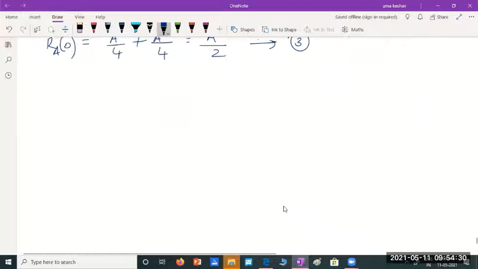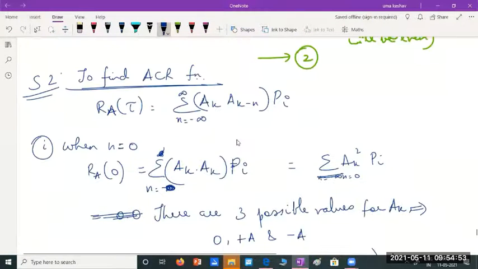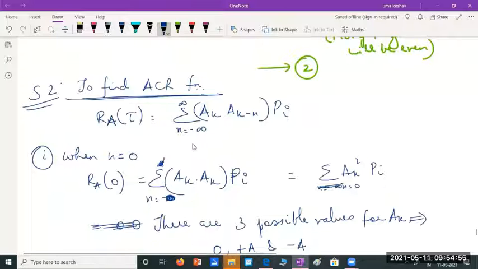Likewise, in this case, rather than finding for n not equal to 0 directly, we need one more case here, for n equal to plus or minus 1. Can you tell me why I am considering this case here? Always we considered n equal to 0 and n not equal to 0 when we did all the previous analysis.